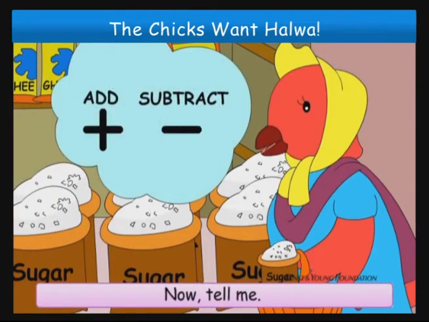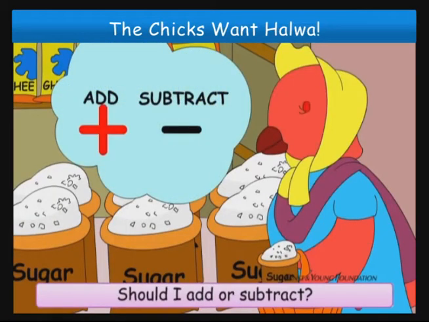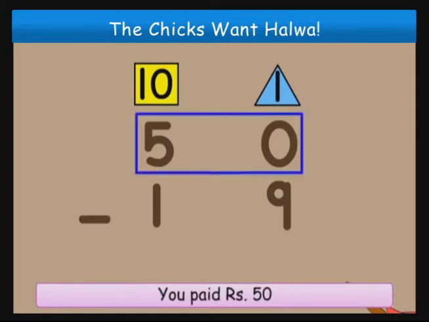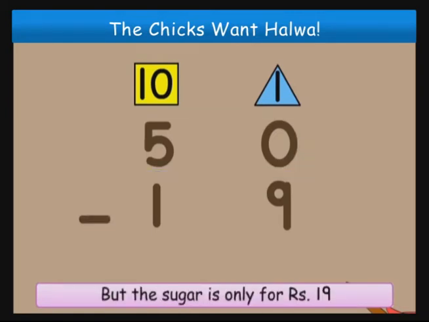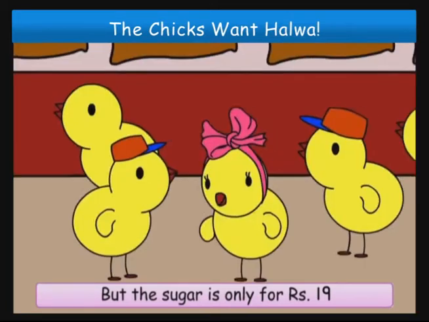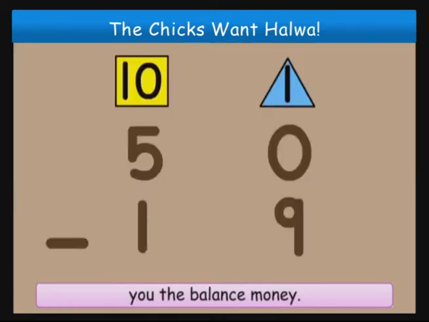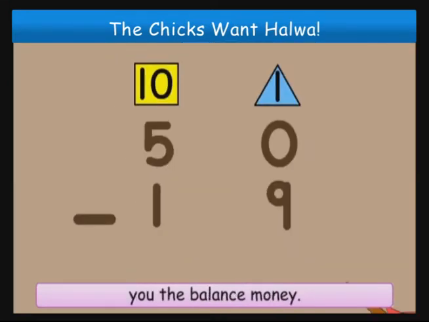Now, tell me, should I add or subtract? You should subtract, Ma. You paid 50 rupees, but the sugar is only for 19 rupees. The shopkeeper has to give you the balance money, so you should subtract. Very good.